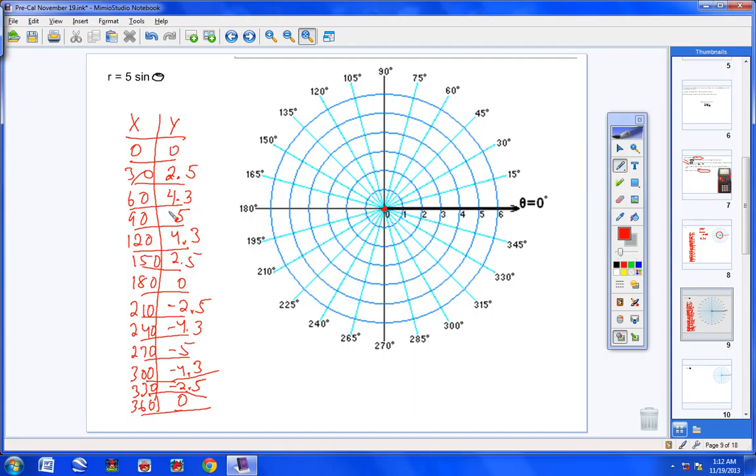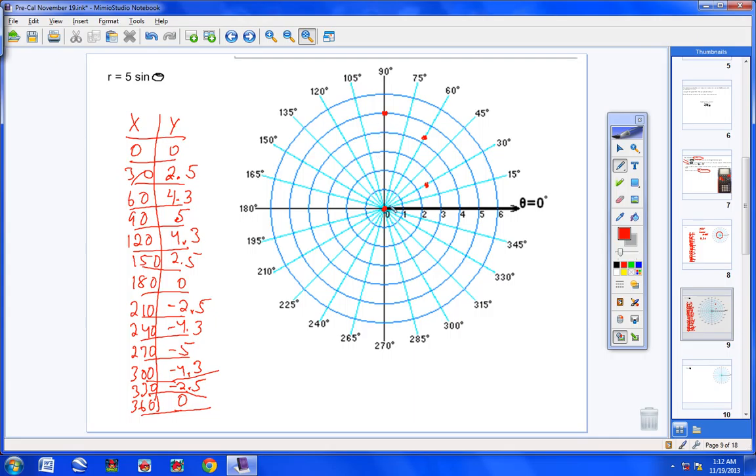Very good. Now, 30 is 2.5, so I go to the 30 line, and I go 1, 2.5, so there's 2.5. Then 60 is 4.3, so I go to 60, and it's 1, 2, 3, 4, 4.3 right here. And then 90 is 5 right here.